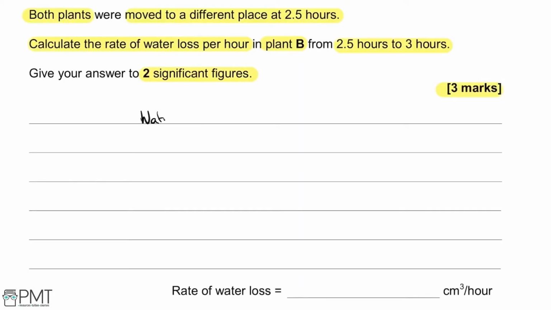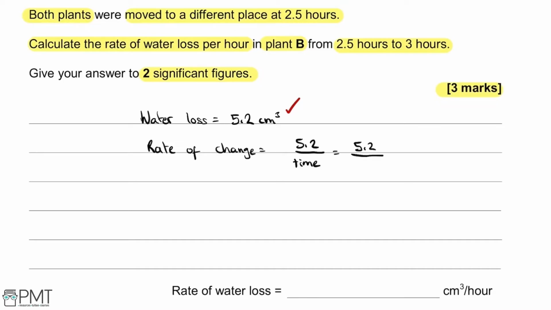So back to the question, we've got our amount of water loss between 2.5 and 3 hours. That's the 5.2 we just calculated, and that gets you your first mark in this question. That's the first step. Next, we've got to use this to calculate the rate of change. So we take our change, which is 5.2, and we divide that by the time period, which is between 2.5 hours and 3 hours, which is half an hour or 0.5.